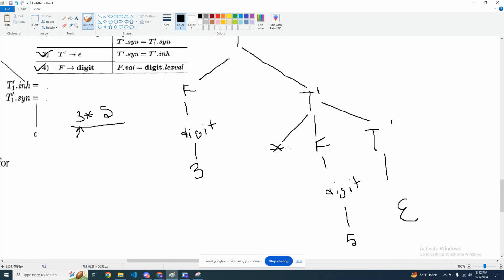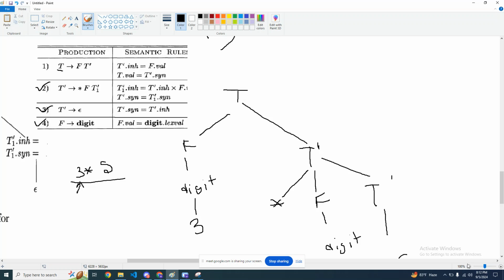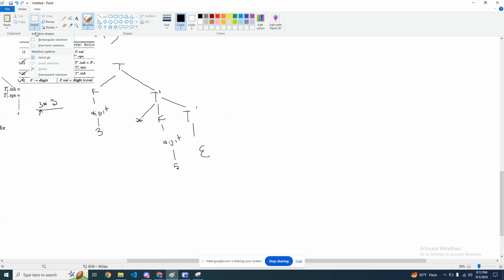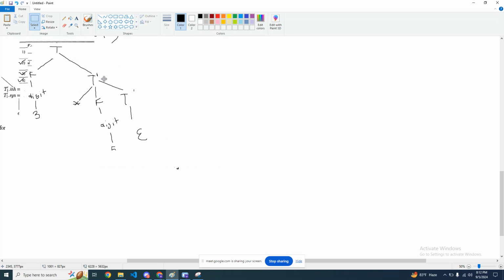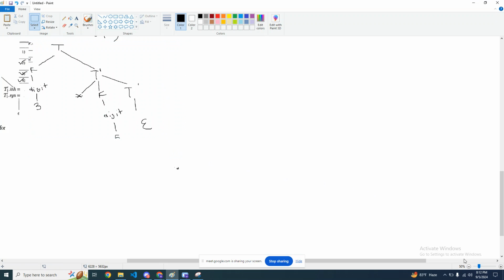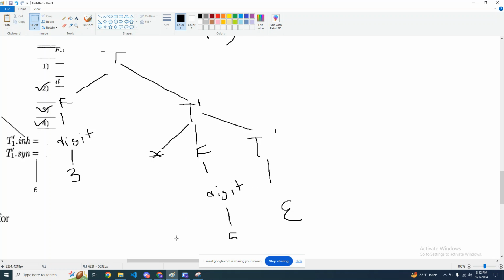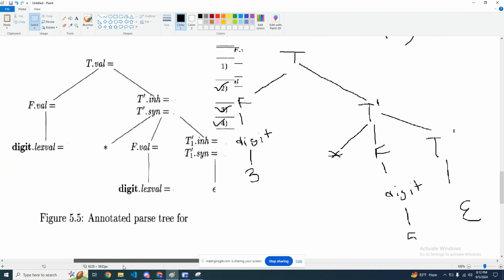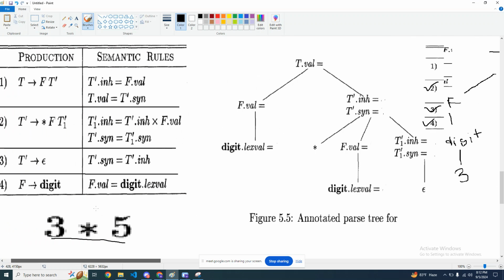And now you are going to convert this parse tree. Look carefully. You are going to convert this parse tree into an annotated parse tree by writing t dot val here, because this t has one attribute, which is a synthesized attribute, which is value.